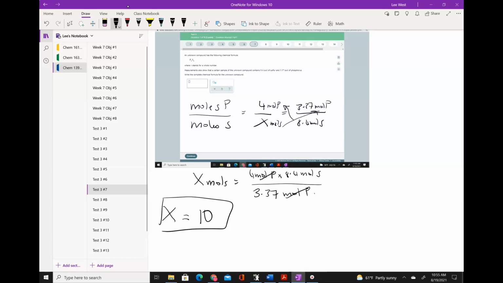So X equals 10. So P4S10. There we go. Now, this is a molecular compound, non-metals coming together, so we don't reduce it to the empirical formula. That's the convention. All right, P4S10, and yep, that's good.